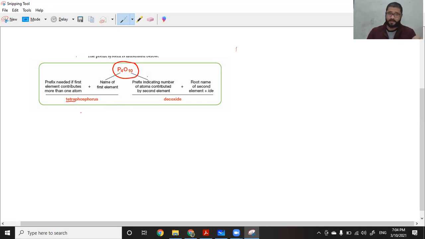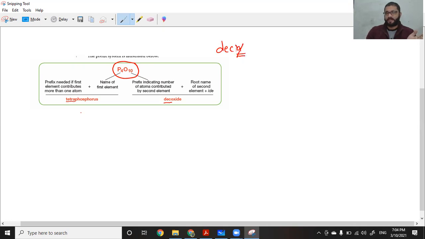We have 4 phosphorus, and over here it is bonded with 10 oxygen. So for 10, we are using the prefix deca, and it is attached with oxygen. You know that the end name of any anion will end with ide, oxide. One thing you must understand is that you have to remove the end of this one, that was the a of deca.